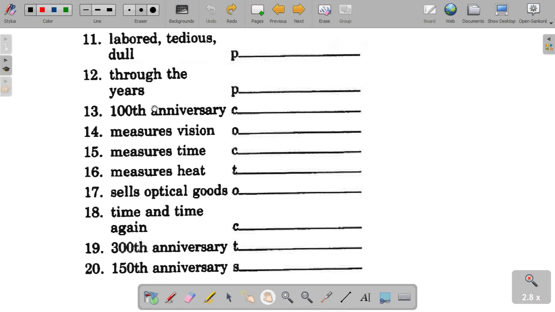Measures vision? A person who measures vision is an optometrist. Good. Measures time? No. What's the root for time? Close. You're close. Chron, C-H-R-O-N. So something that measures time would be? No. There's no opta. There's nothing about vision here. And then what's the root for measure?